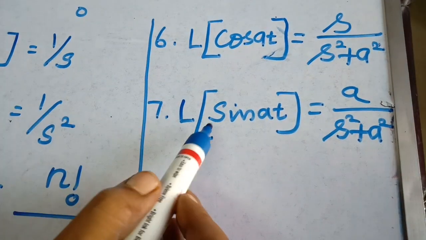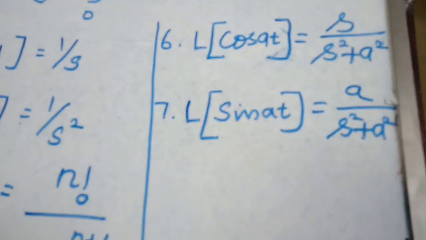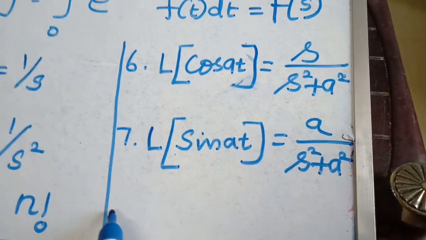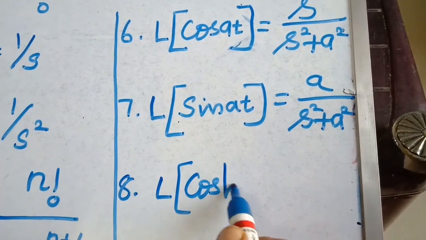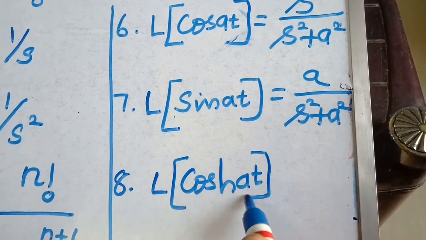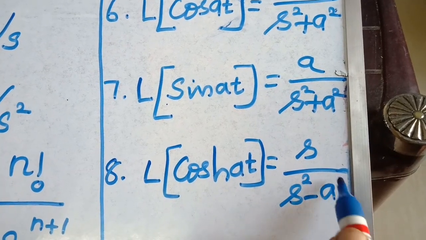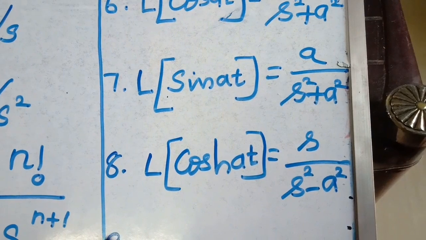So you can remember: if s comes, a comes, if c comes, c comes. Likewise, you can have a clue to remember the formula. And if hyperbolic cos comes, the formula is s by s square minus a square. The same value, but the sign is different.